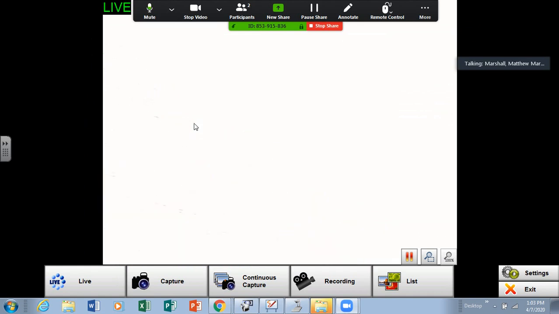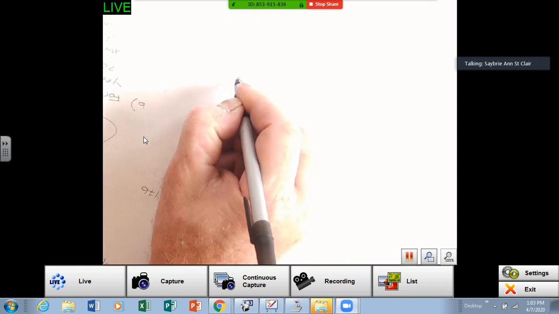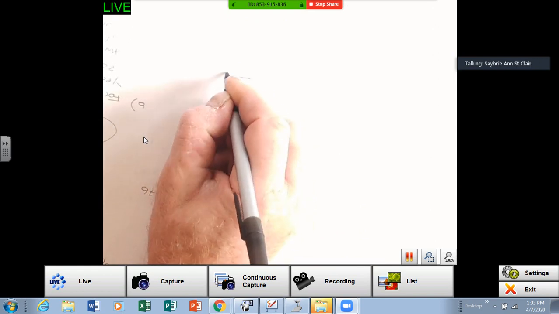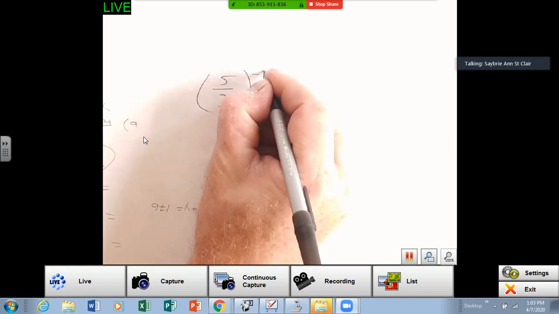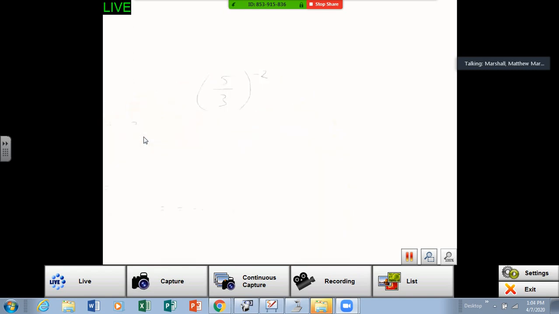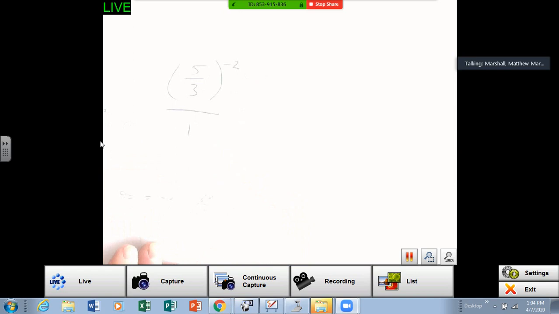Alright, so I'm taking that fraction, which was, what was that fraction again for that problem? So 5 over 3. And the first thing I'm going to do is raise that to the negative 2 power. Can you see that right there? So the tricky math on that one, I'm putting that over 1.